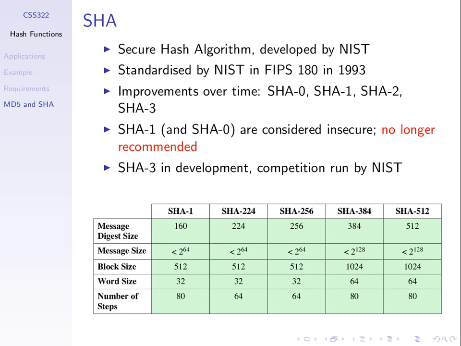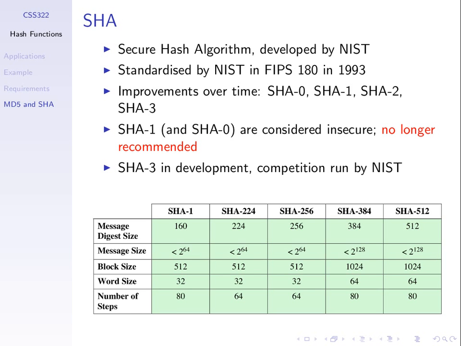It's called the message digest size in this table, but it's the output. MD5 128 bits, SHA-1 160 bits. Then there's SHA-224, 256, so you can have different length hash values using a similar algorithm, just different length outputs. The rest is about the details of the algorithm, which we're not going to cover. SHA-1 is no longer recommended. SHA-2, or the ones with, say, 256-bit hash values, are recommended and in widespread use.